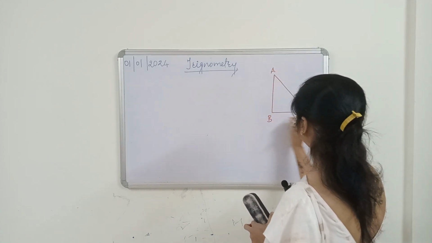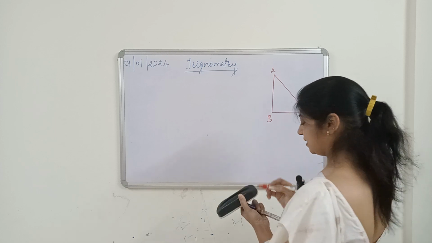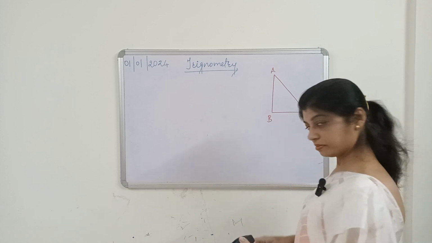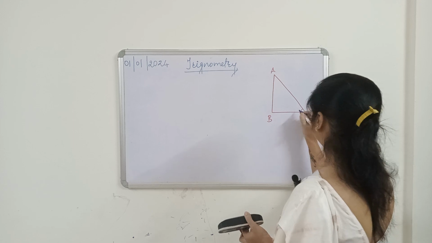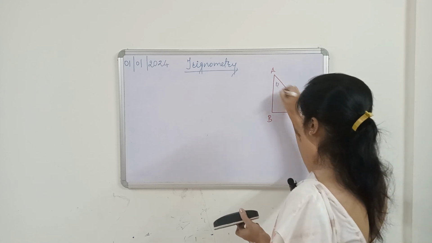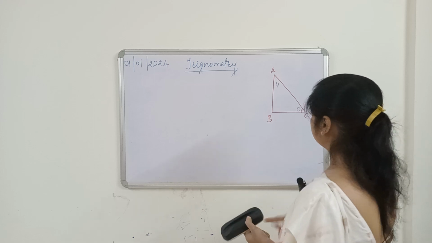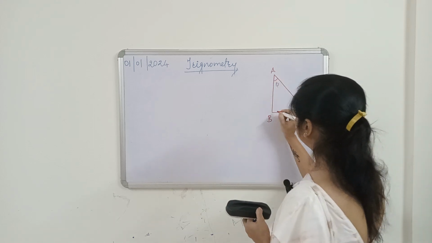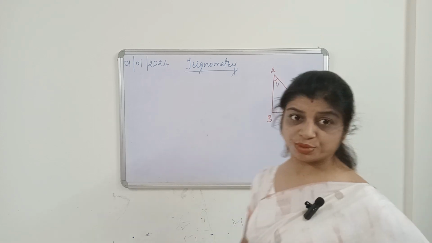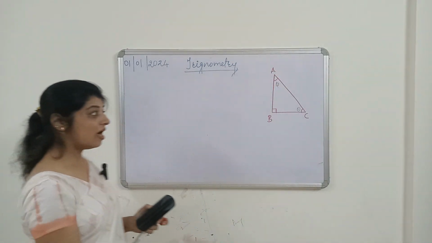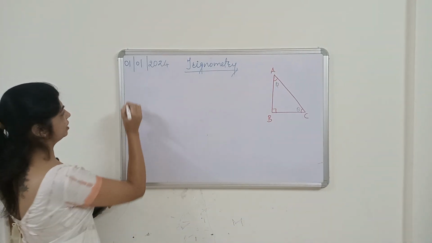Triangle ABC. This I considered as theta. This I considered as phi. Now see, for the same sine ratio, if I change the angle, how the ratio between the sides changes.